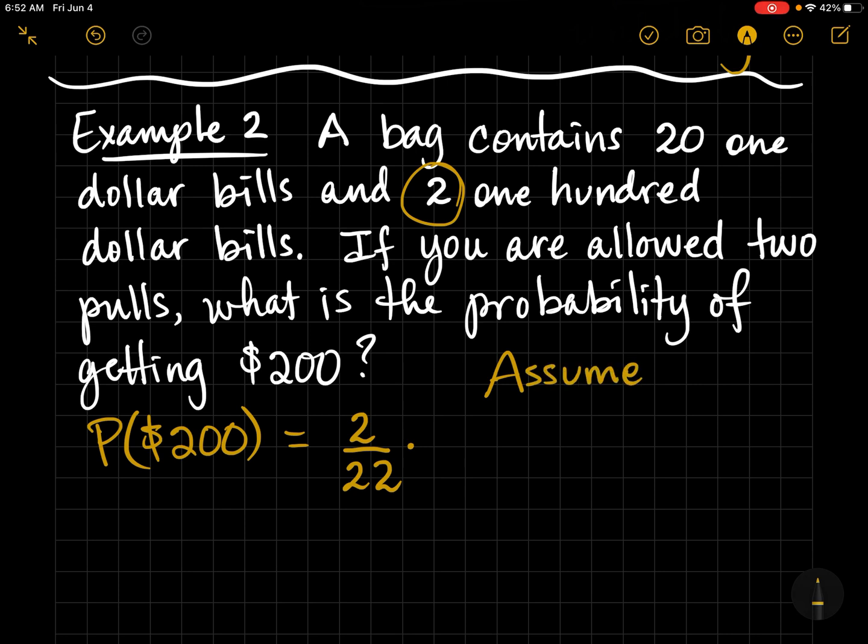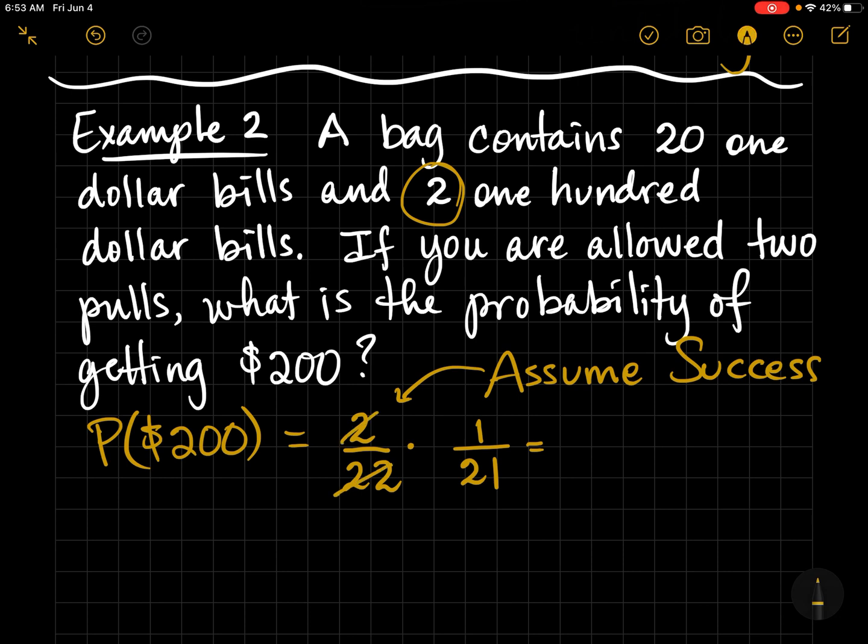Now, remember, you always assume success. So we're assuming success. So now there's only one $100 bill left, and there's only 21 bills in the bag. You see how that second probability is affected?